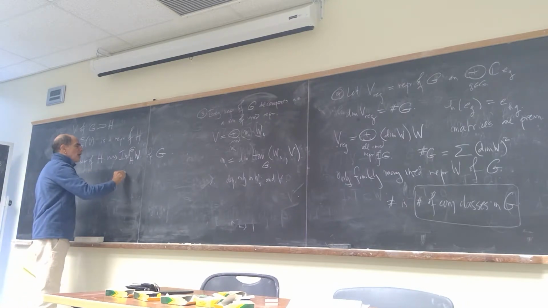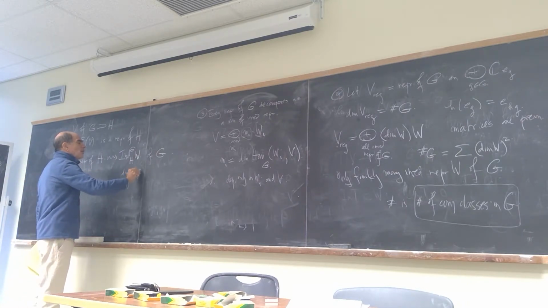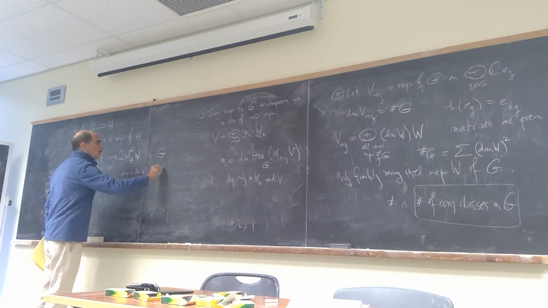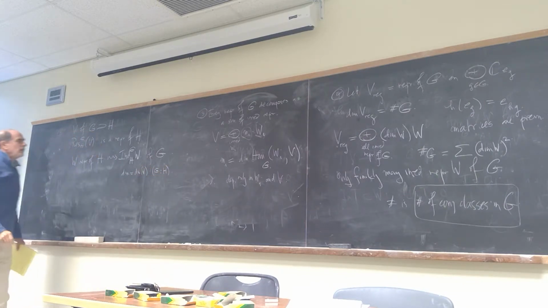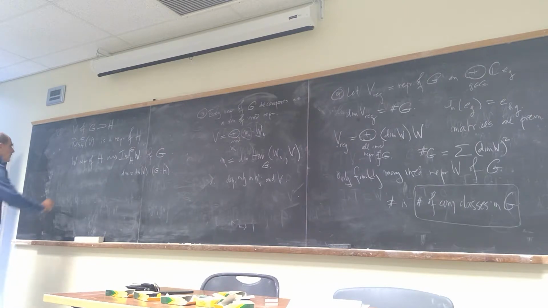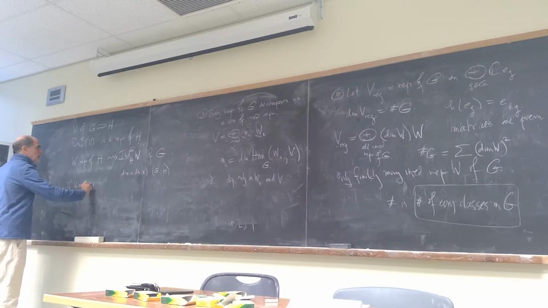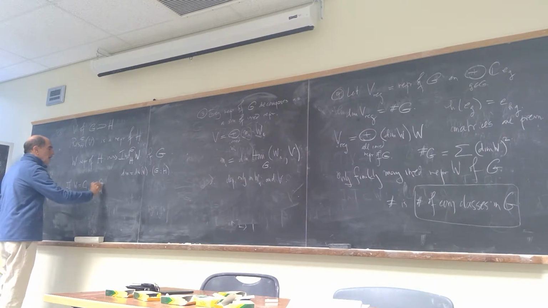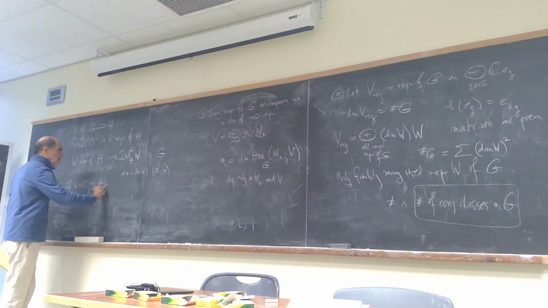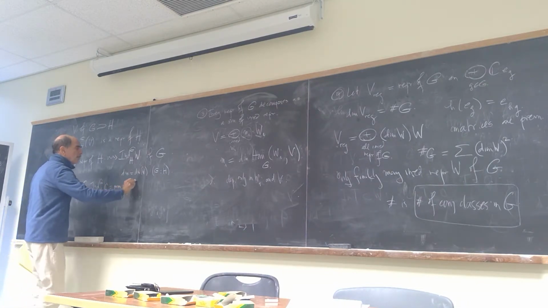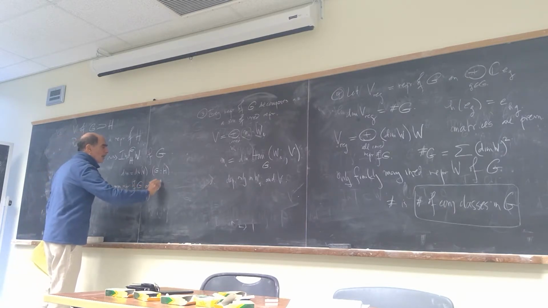The dimension of the induced representation is equal to the dimension of W times the index of H in G. It's essentially a permutation representation on the cosets of H. Well, if W is the trivial representation, then the induced representation from H to G of C is the permutation representation of G on G mod H, on the cosets.